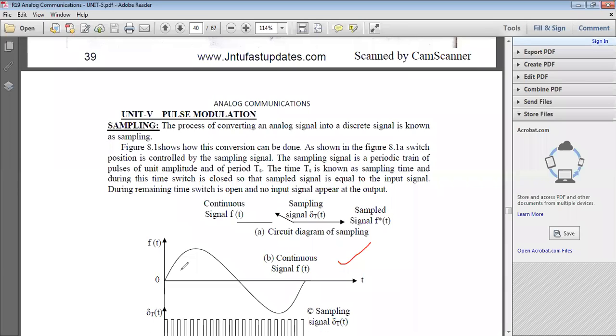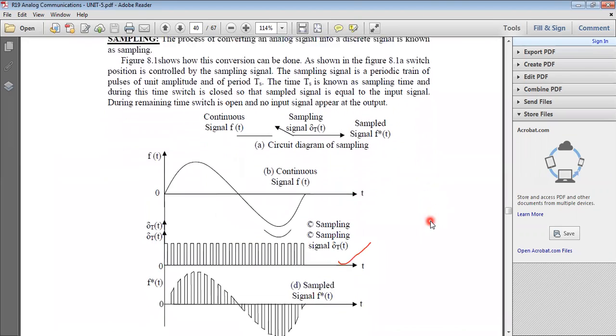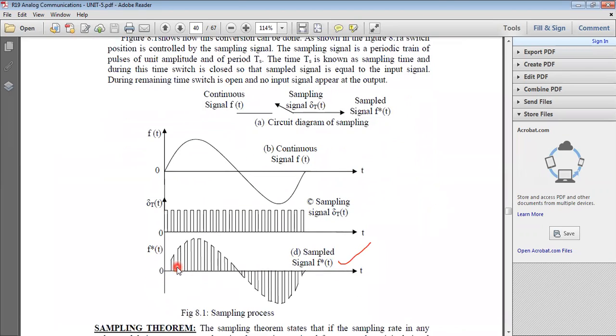And if we want to convert this analog signal into a discrete signal, like this, discrete means we have pulses according to the analog signal amplitude. Each pulse has some amplitude. This signal is called a sampled signal, the signal after conversion from analog to discrete.